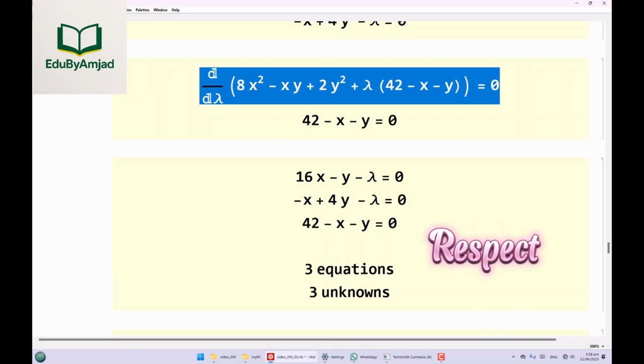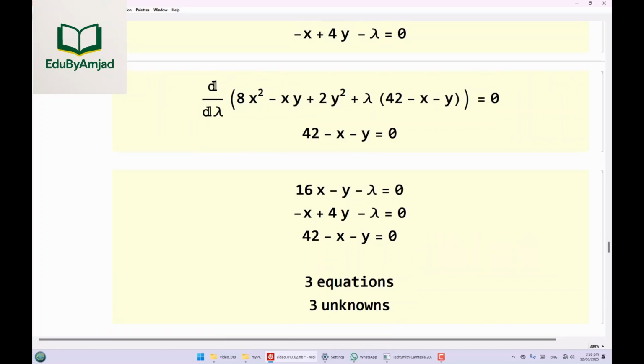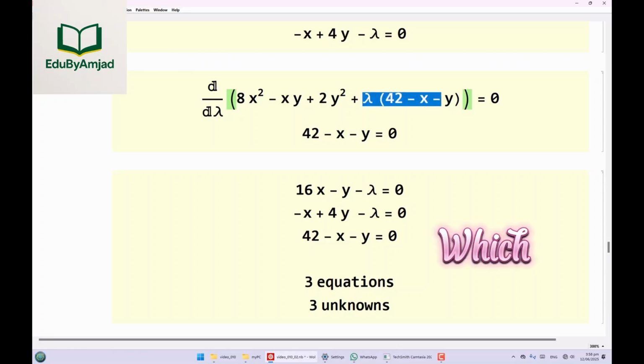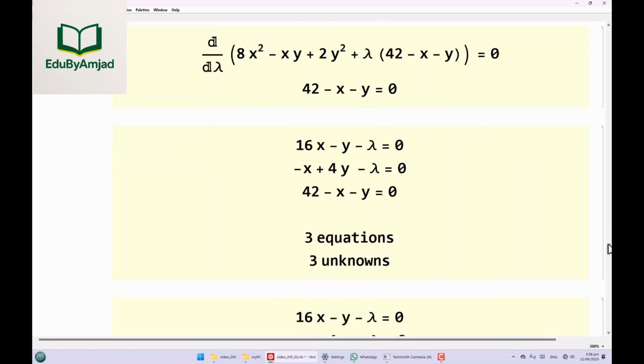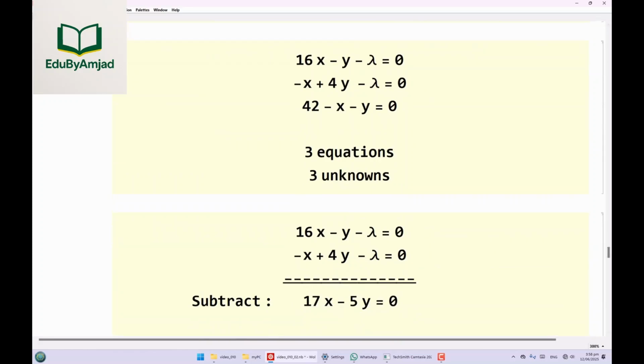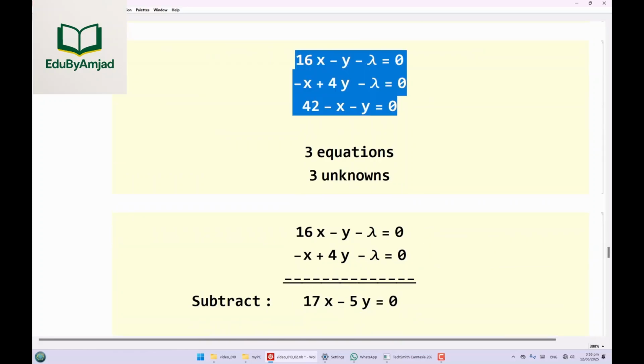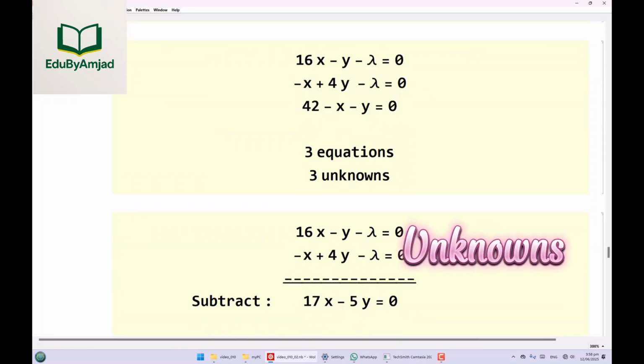Take the derivative with respect to lambda, which is the constraint in rearranged form. We now have 3 unknowns in 3 equations.